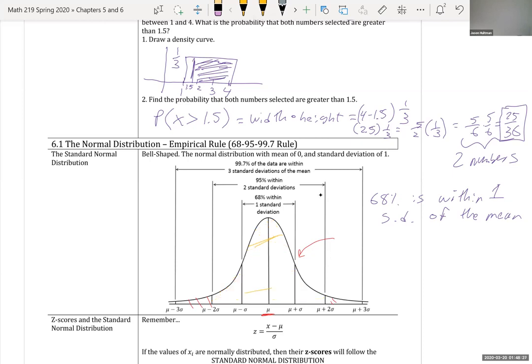I'll do 95%. And this is two standard deviations for the bell-shaped curve. So 95% is within two standard deviations of the mean.